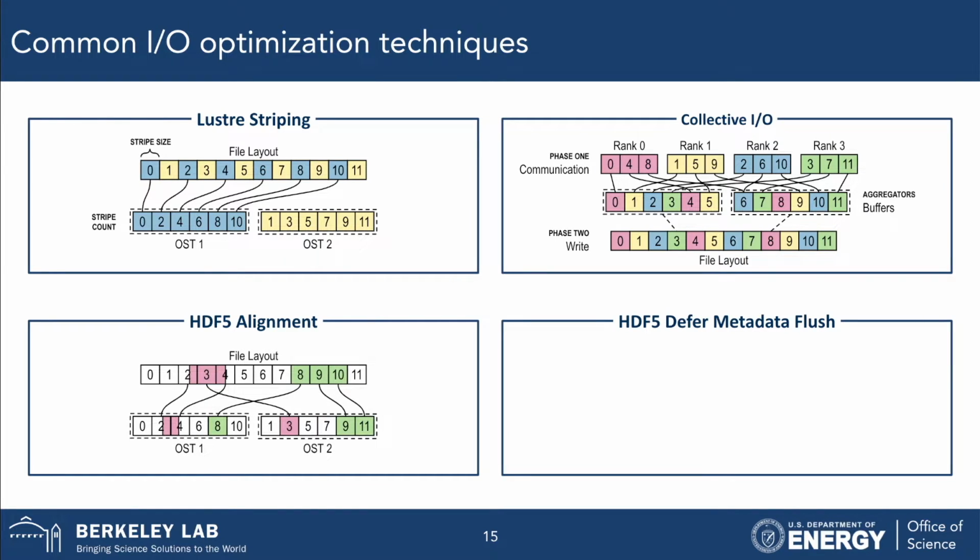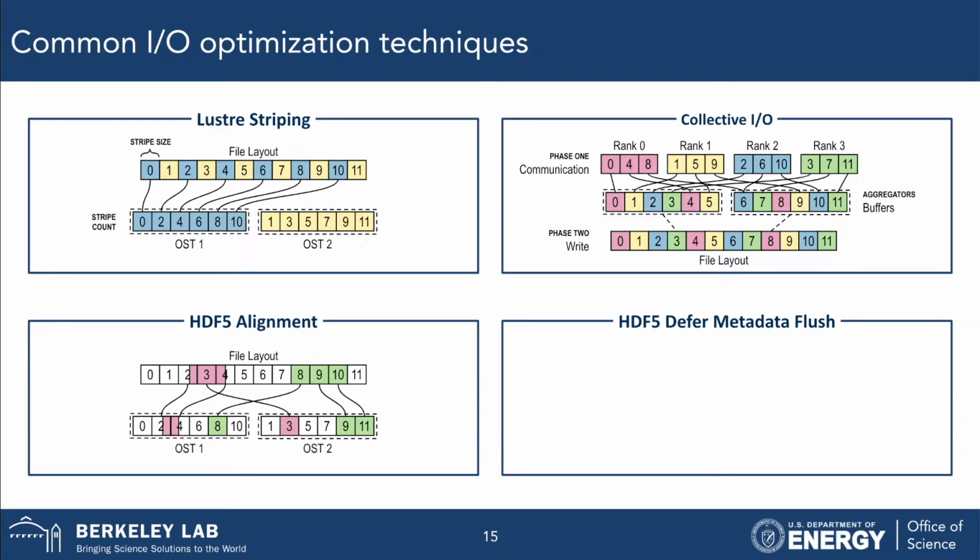We can also have HDF5 alignment. So remember that we have the stripe sizes, and if we want to access some information that is not well aligned with how the file is broken down, we'll have to make more requests and access some non-contiguous portion of the file.